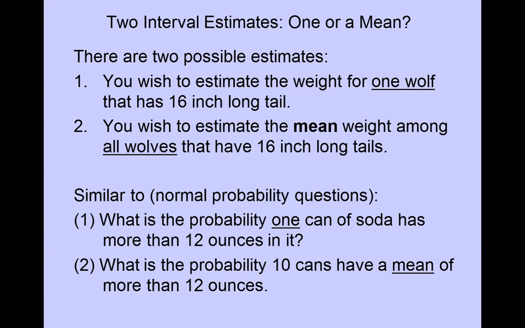What is the probability that 10 cans have a mean value of more than 12 ounces? In the first normal probability question you're using sigma in your z-score, whereas in the second one you've got sigma divided by the square root of n. So your standard deviation or standard error is a little bit different based on whether you're estimating a single outcome or a mean of several outcomes.